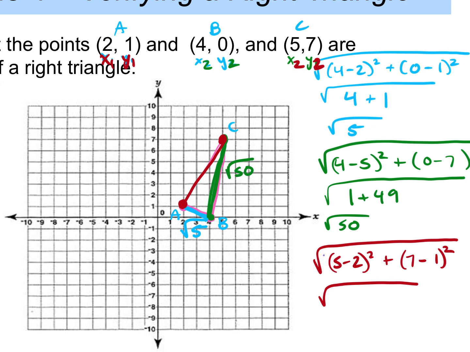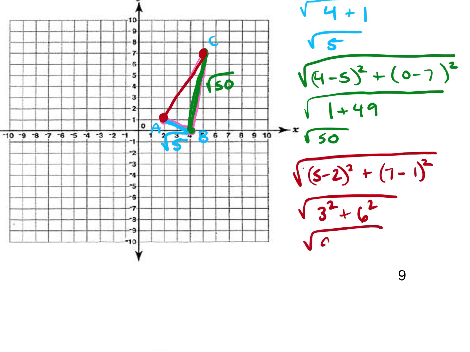So 5 minus 2 is 3 squared, and 7 minus 1 is 6 squared. 3 squared would be 9, plus 6 squared is 36. This would be the square root of 45. I can also simplify the square root of 45, but I'm just going to leave it for now because it's not our final answer. We still have some work to do. So square root of 45.